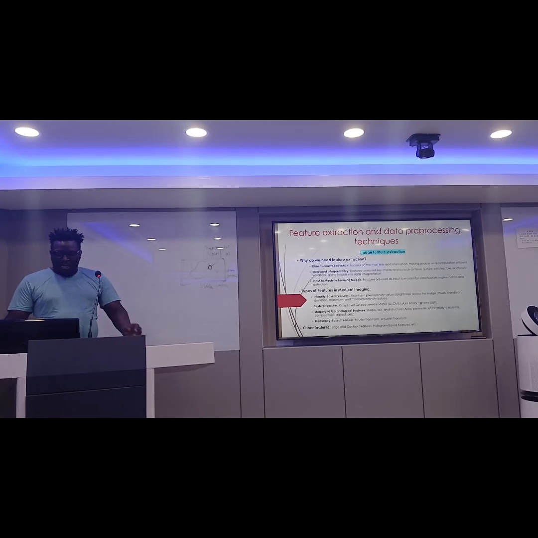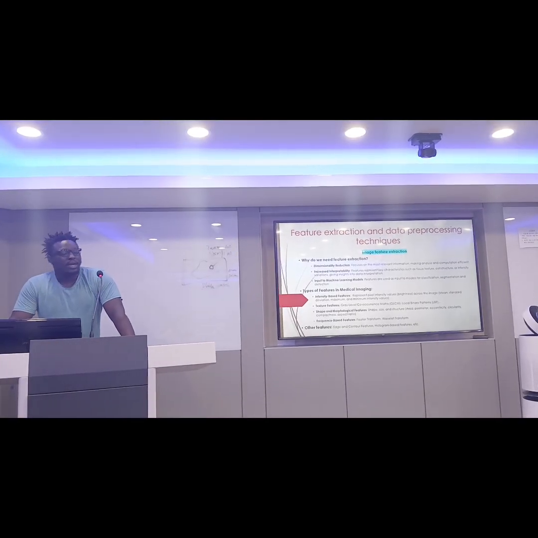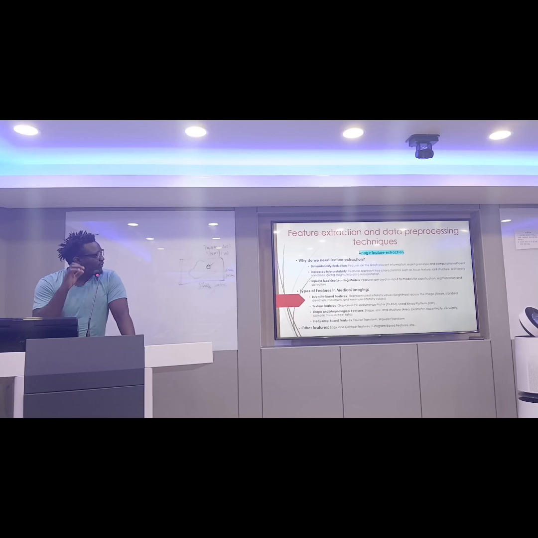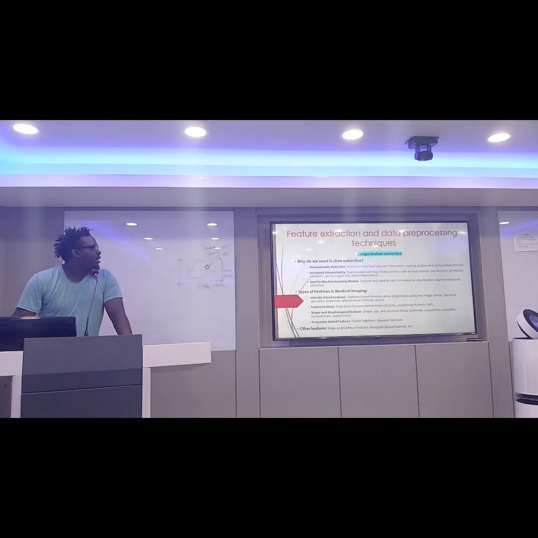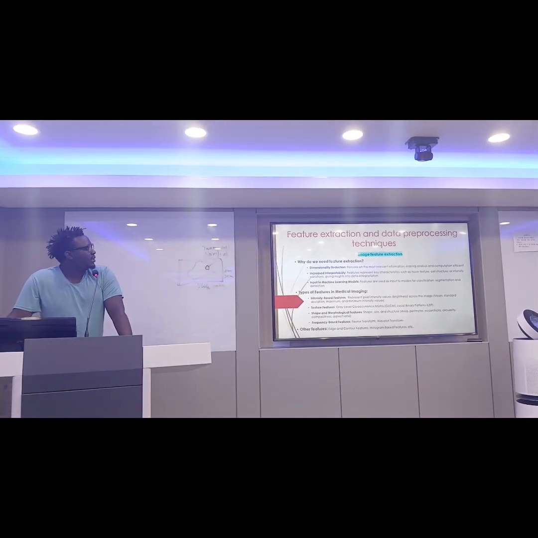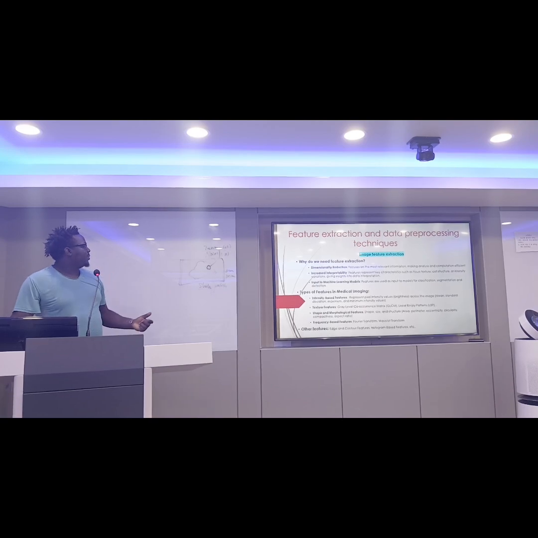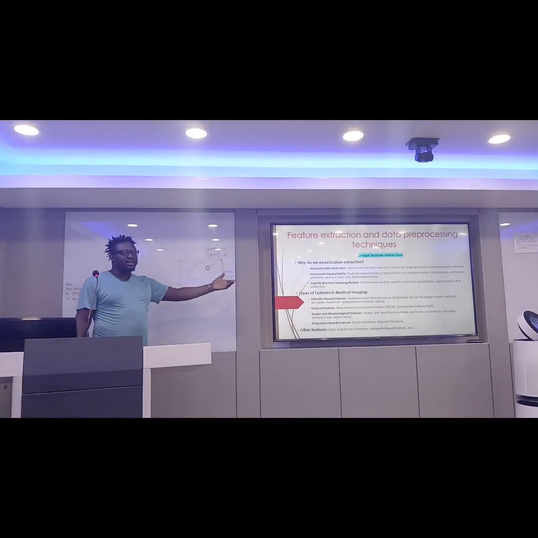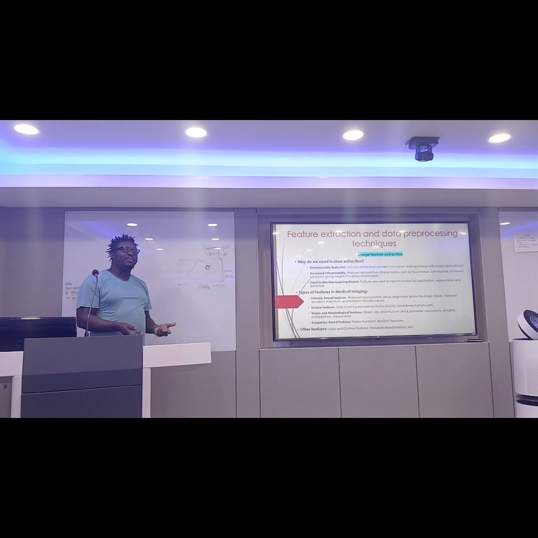So once you do that, you are reducing the dimensionality. It means the complexity reduces, you focus on what is important, and then you can increase the interpretability. Why? Because, for example, I'm able to know that the area of this image is like this, the perimeter is like this, so I understand better.